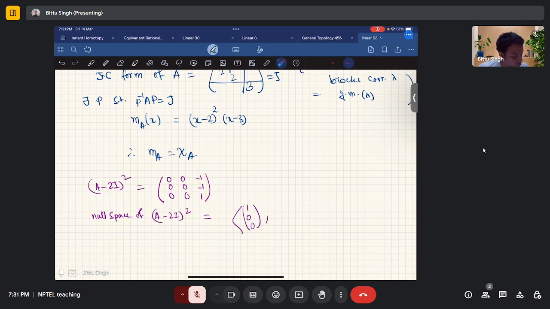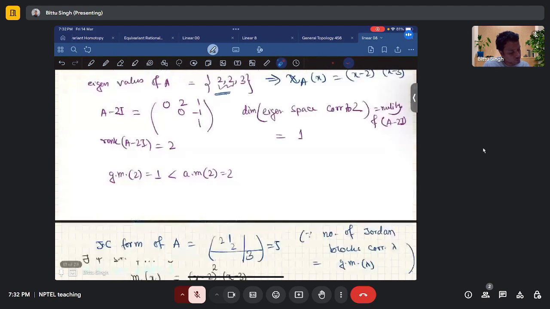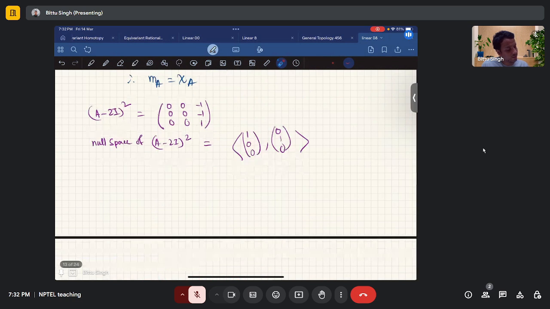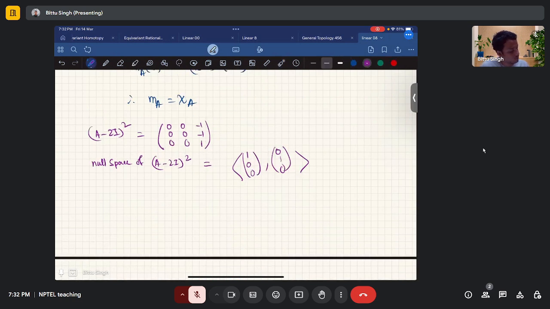Those are pivot rows and free columns, so put one corresponding to the first and another one corresponding to the second. Now 1 0 0 is already in the solution space, because 1 0 0 times A minus 2I gives 0.